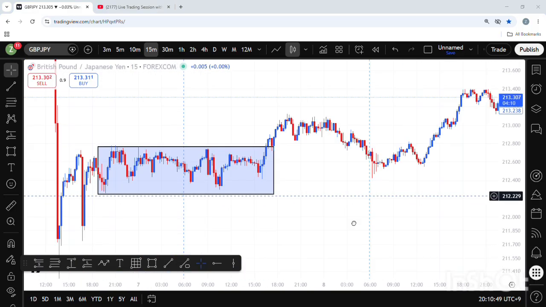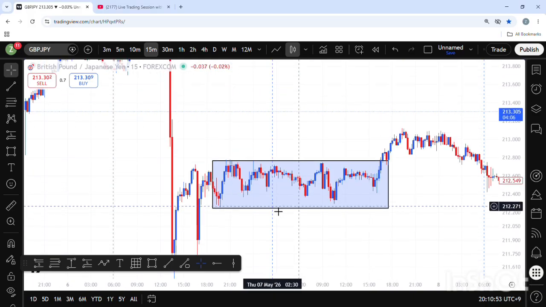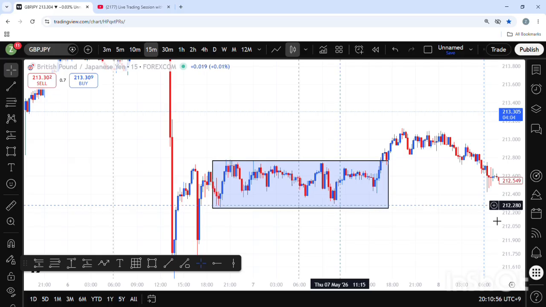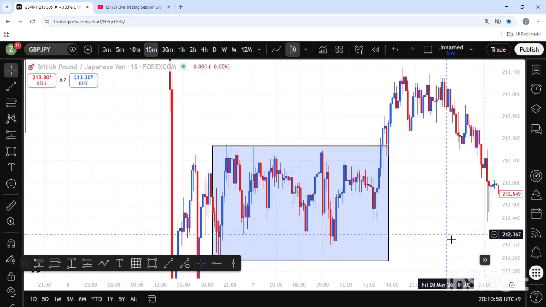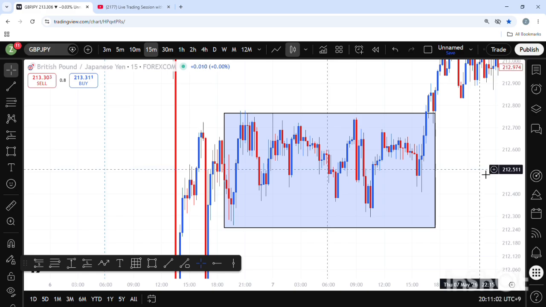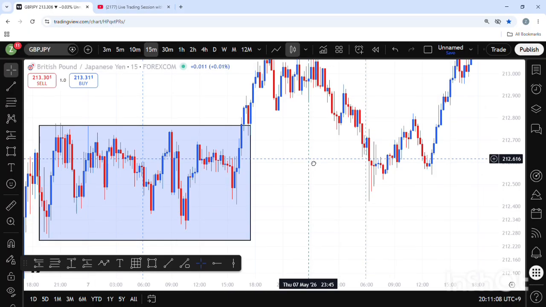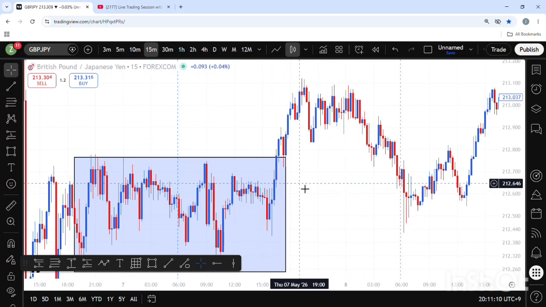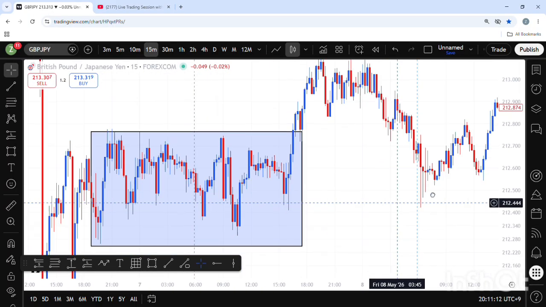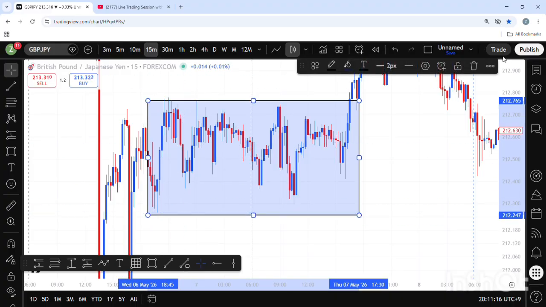And for me, I don't take trades unless all my confluences align. So whatever I have drawn here, I have drawn it because you can clearly see the market is going up, tapping a certain level, coming back, going up again, and this is a good example of equal high and equal low liquidity.